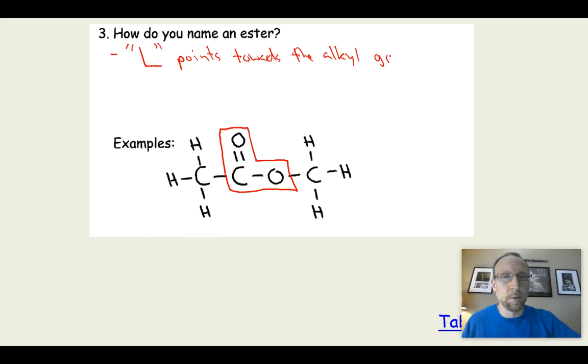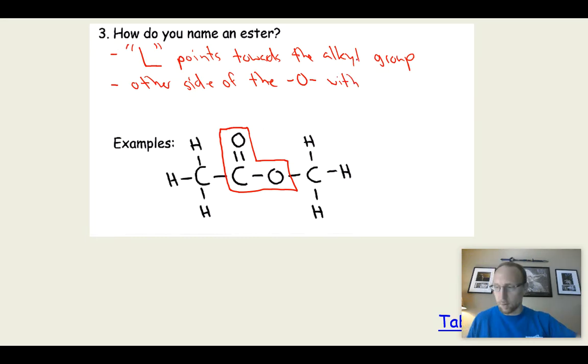So the L points towards the alkyl group, and then the other side of the O, with that C double O, gets a prefix for the length of the carbon chain, plus a noate, A-N-O-A-T-E.